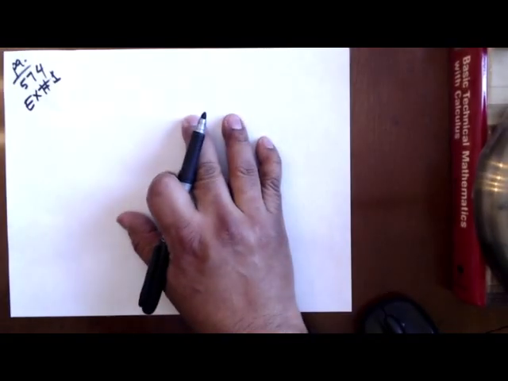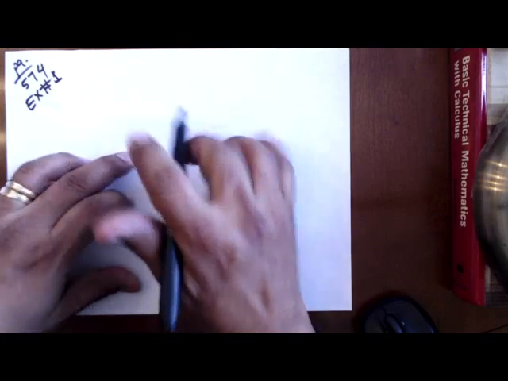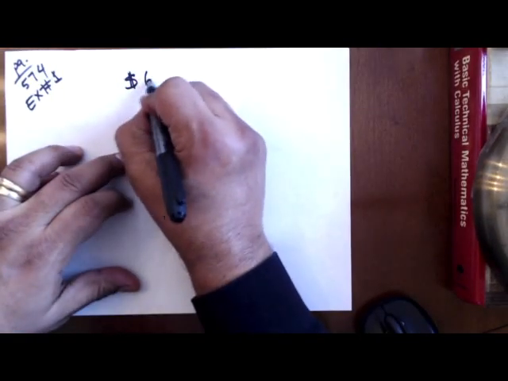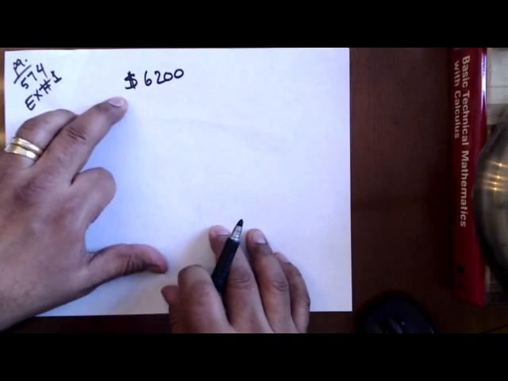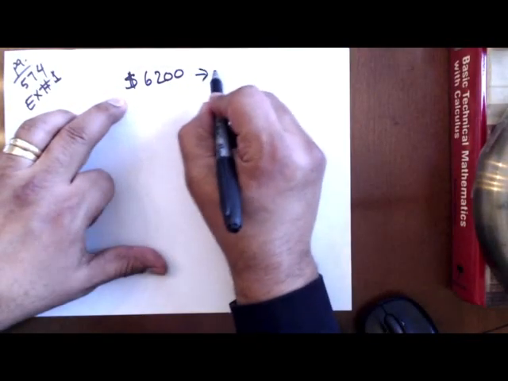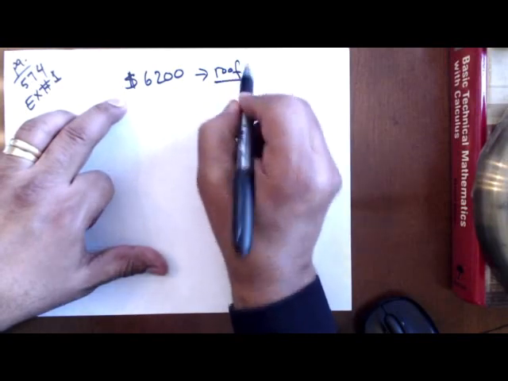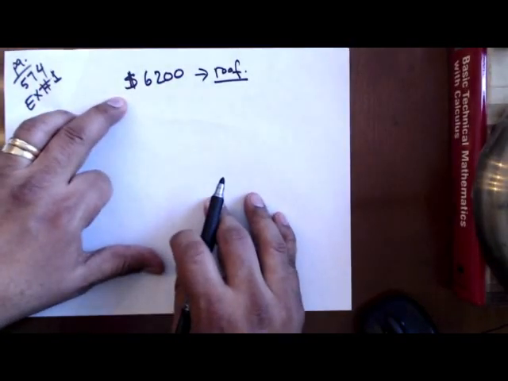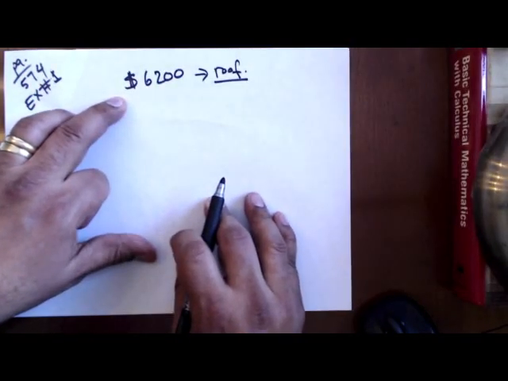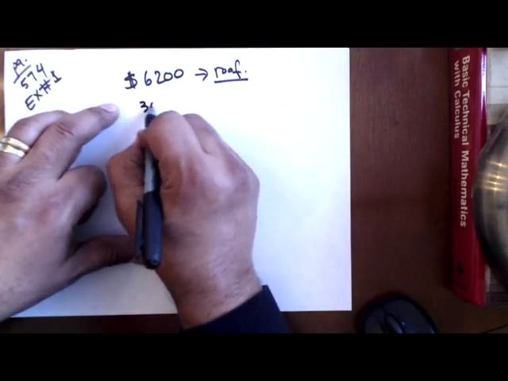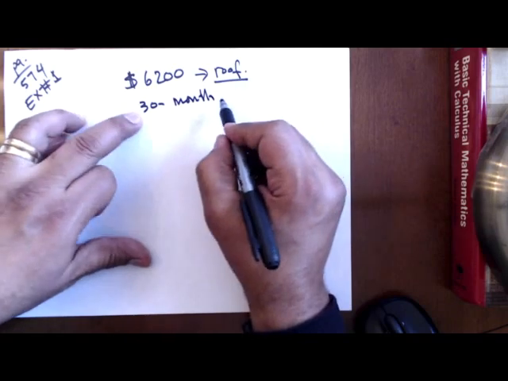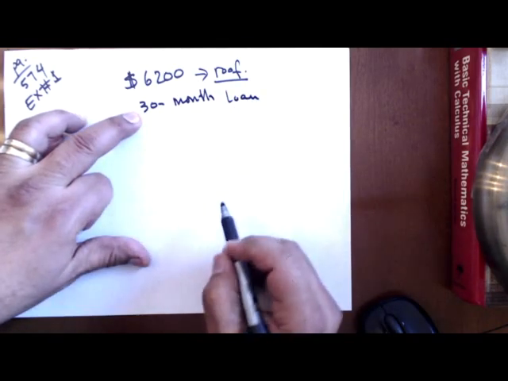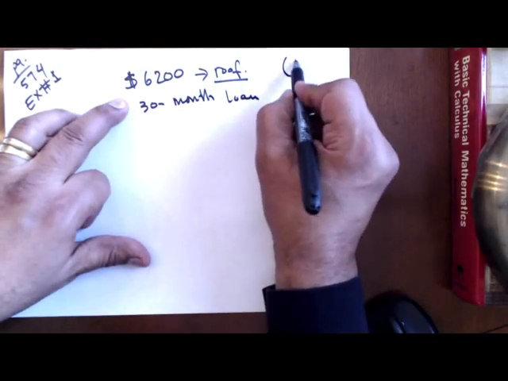We're told that there is this lady, Sherry, who had borrowed $6,200 to replace her roof. She's repairing a roof, that's the need that she has. And she went to her credit union and she obtained a 30 month loan. So this was our principal.